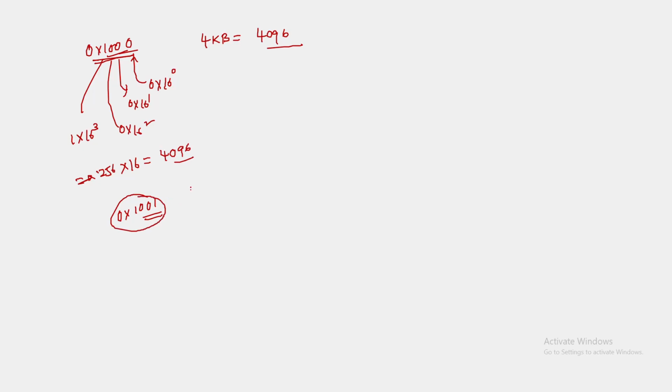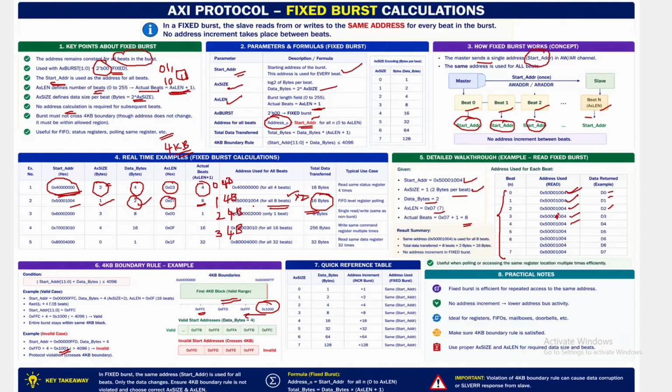See, 1 into 16 power 3 plus 1 into 16 power 0, that means you will get the value 4097. So this value will be crossing the 4 KB boundary. That should not be allowed in the fixed burst. Okay, that is the invalid address.